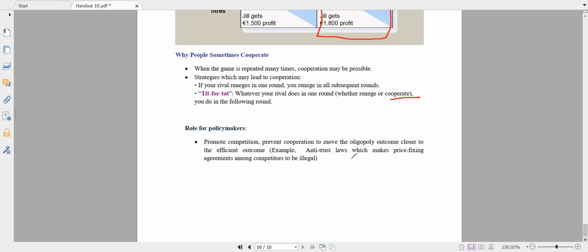So the policymaker is going to aim at discouraging cooperation, discouraging monopoly-like behavior, and moving the economy closer to the outcome of perfect competition. Right? So this is the end of this topic.